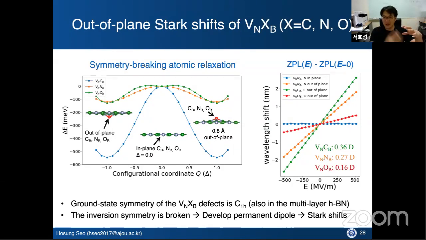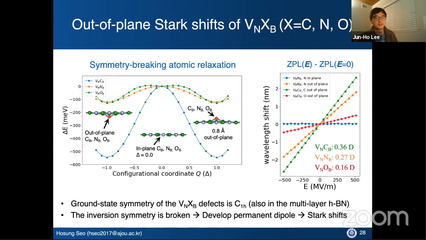We can put carbon atoms, oxygen atoms, and model specific impurities, but we don't know if they really exist in real materials. In real materials, they observe single photon emitters, but they don't know what they are. We try to meet each other at the intersection of experiment and theory by analyzing different spectroscopic data, things like that. Yeah, that's a very good question.